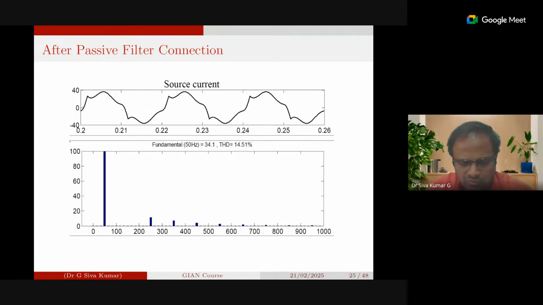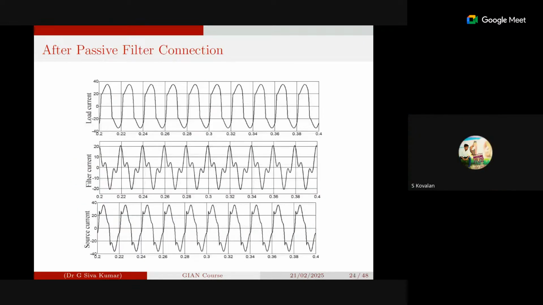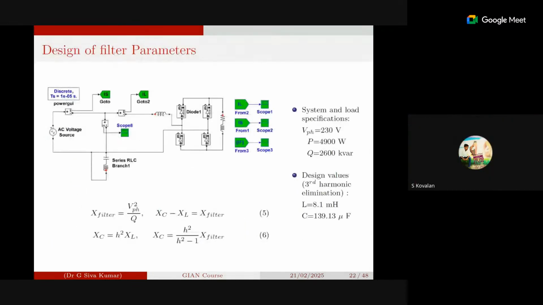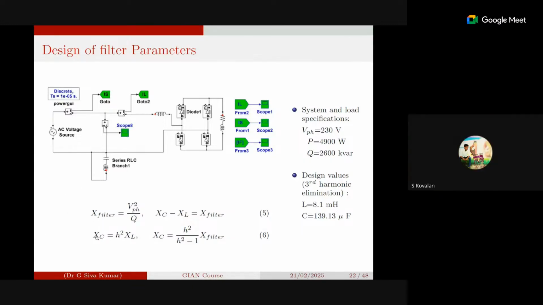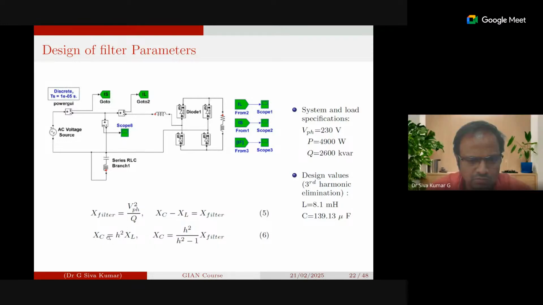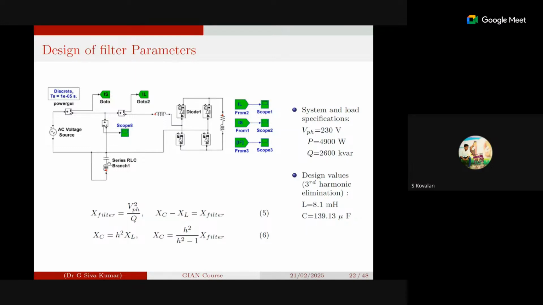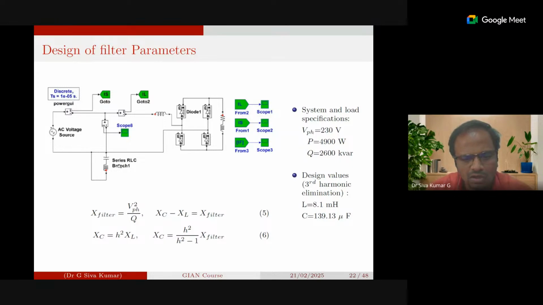What I want to highlight, whatever you said, is that it is going to operate at resonance only. When you look at this particular equation, the X equals this sixth equation. What we are trying to do is make the impedance with respect to the third harmonic very small or negligible, and with respect to all other frequency components it offers high impedance.